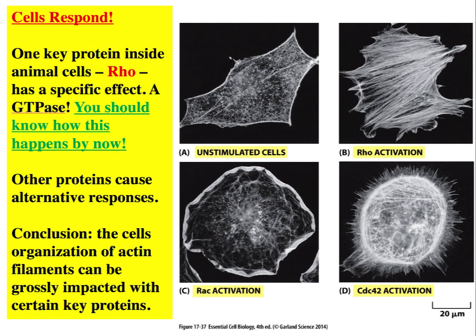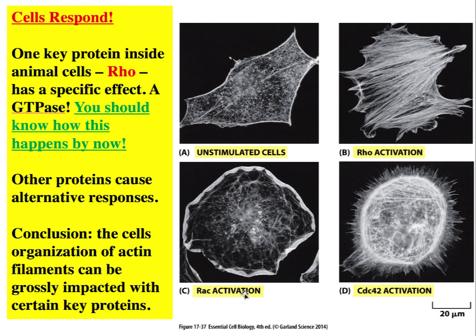So in this example here, we have a stain for actin filaments, and you can see the actin filaments have no universal orientation. They're just scattered all over the cytosol of this cell. But in the activation process where Rho is activated, that leads to eventually the alignment of the actin filaments in a particular direction.